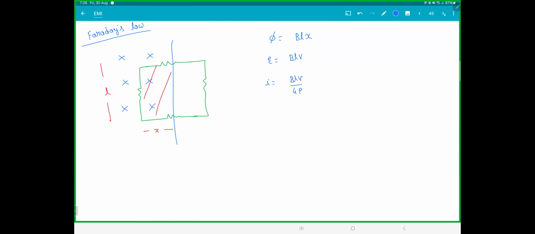Till here it's fine. I can even find the direction. Flux is decreasing, so the induced B will support, so downward. So current will flow clockwise. Clear? Now the problem here is we are not sure how the EMF is distributed.